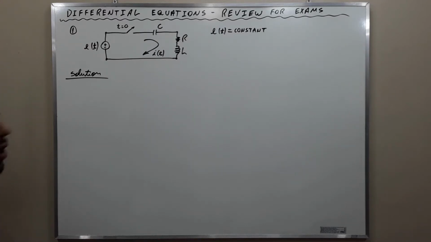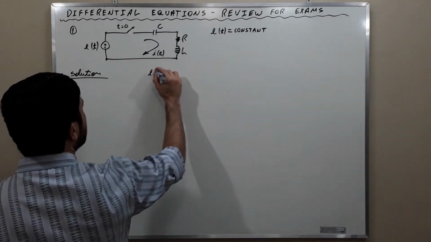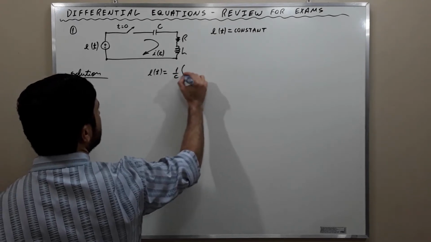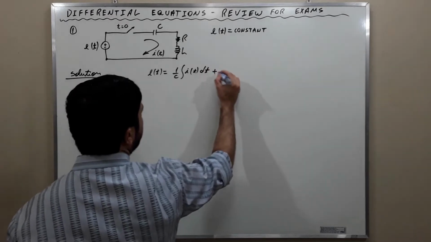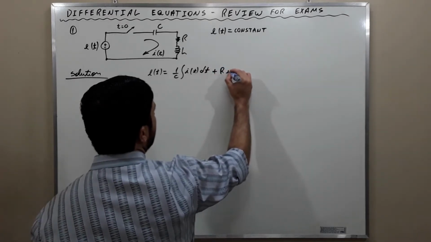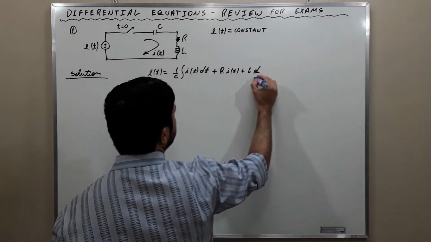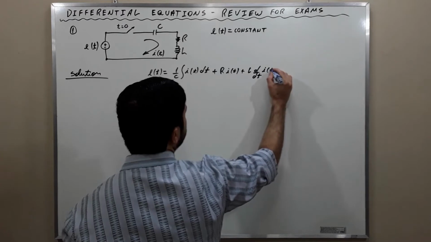Applying the voltage law, we get that E of t is equal to 1 over C times the integral of i of t dt plus R i of t plus L times the derivative with respect to time of i of t. Okay?